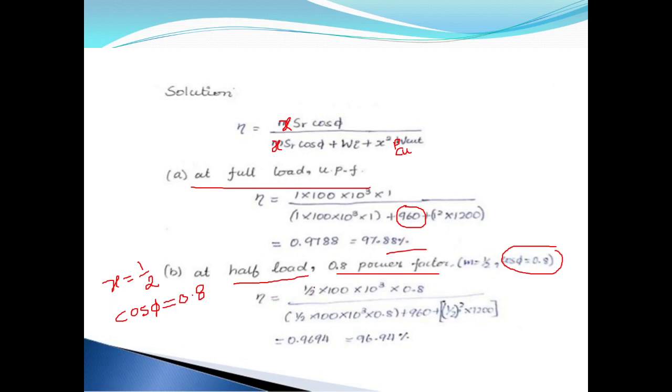Eta is equal to x, that is 1 by 2, into rating of the machine 100 into 10 power 3 into power factor 0.8, upon 1 by 2 into rating of the machine into 0.8 as power factor, plus iron losses, that is fixed, 960, plus 1 by 2 whole square, x square, the fraction of the load, into 1200. Finally we will get 96.94 percent.